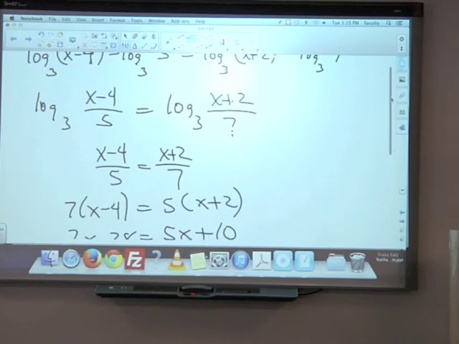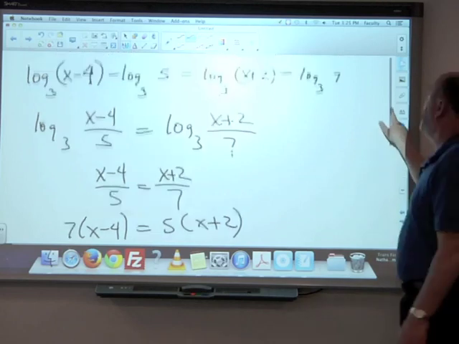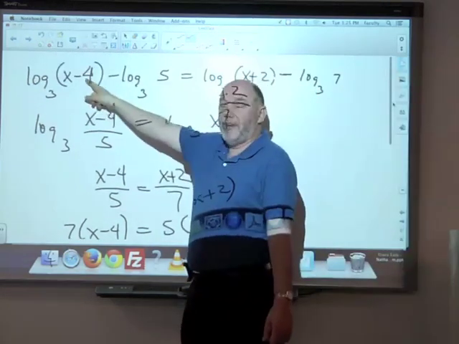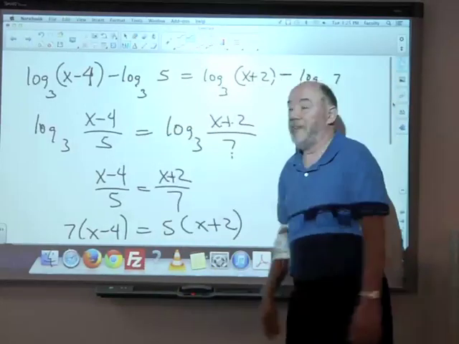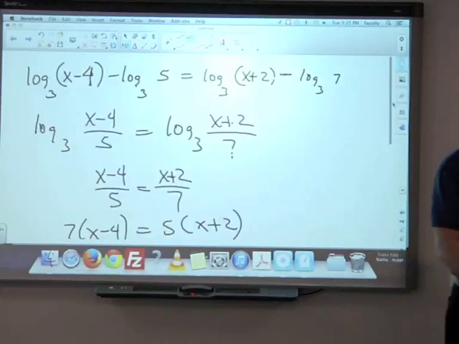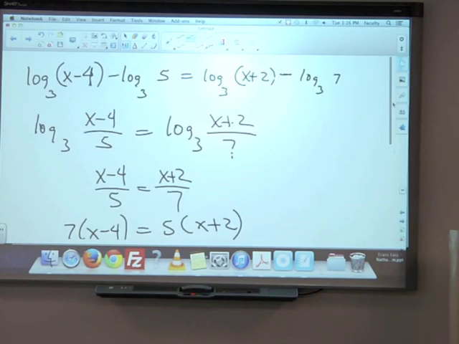So really what I need to know is if I plug 19 in there, do I end up with everything being positive? 19 minus 4, that's a positive number, I'm fine. 19 plus 2, that's a positive number, I'm fine. So 19 is a valid answer. Why can't it be negative? Because you cannot take the log of a negative number. We said that earlier. Remember?